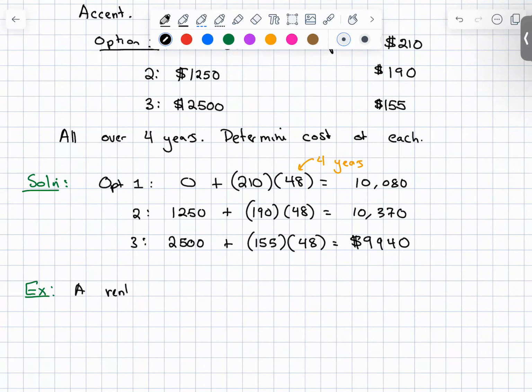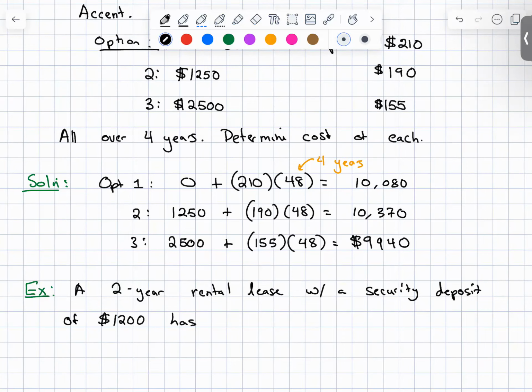A 2-year rental lease with a security deposit of $1,200 has a monthly payment of $1,629.